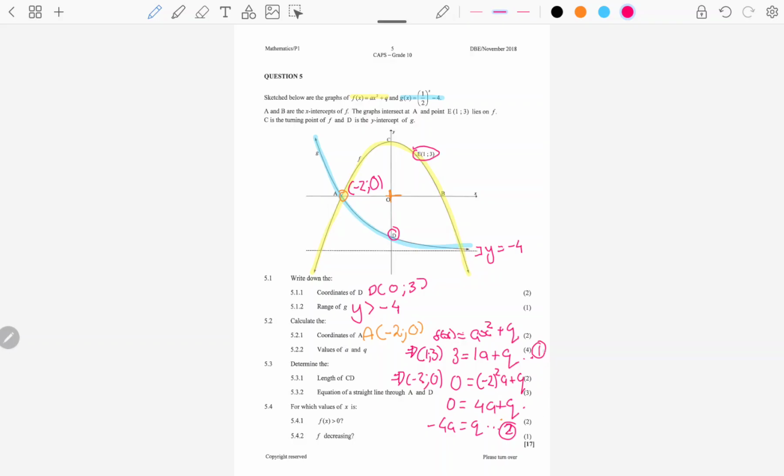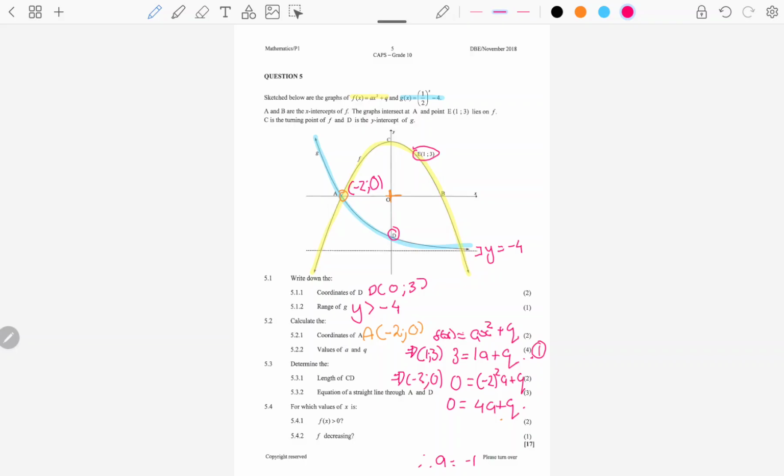So if we plug equation 2 into equation 1, that means 3 is equal to a minus 4a, which is equal to negative 3a, therefore a is equal to negative 1.